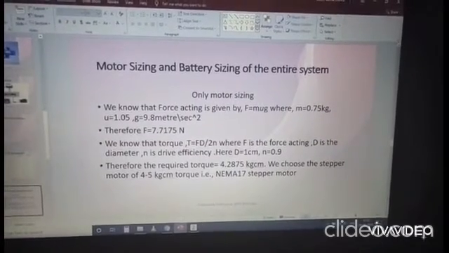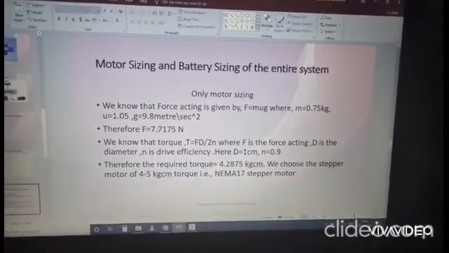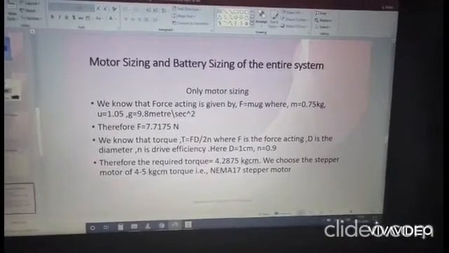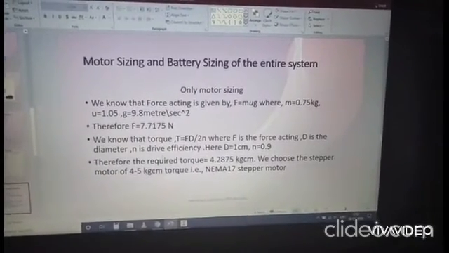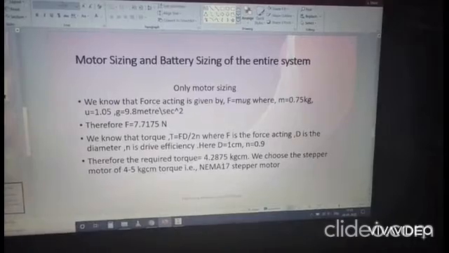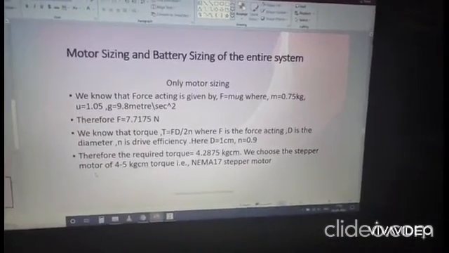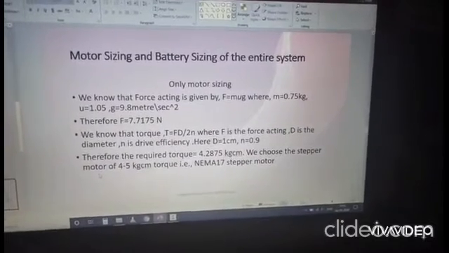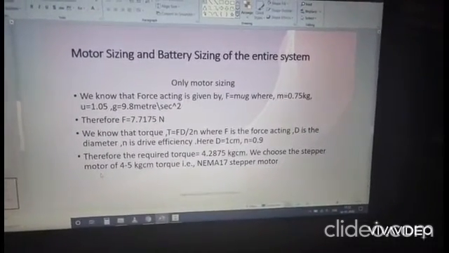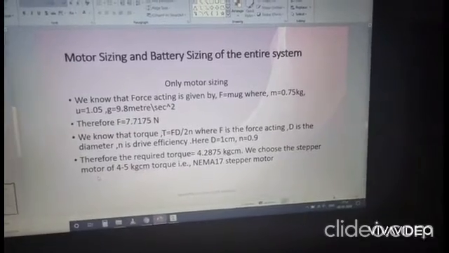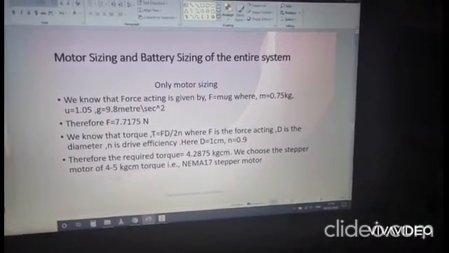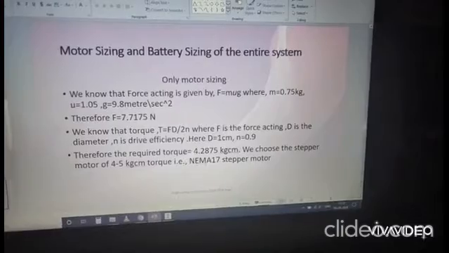After calculating, force comes out to be 7.71 Newton. So torque comes out to be 4.3 kg centimeter. So we need a stepper motor which can sustain a torque of 4 to 5 kg centimeter. So we will use the NEMA 17 motor.